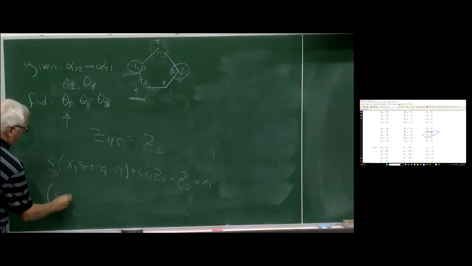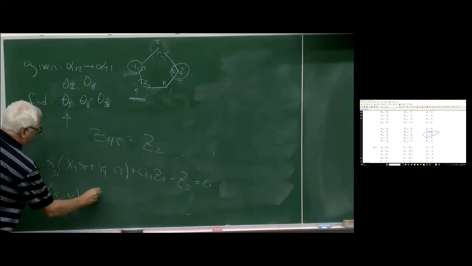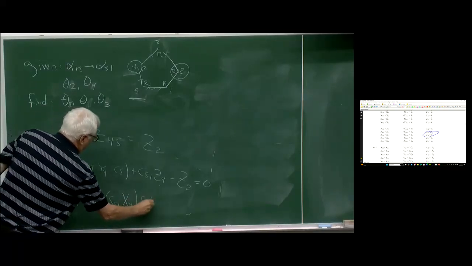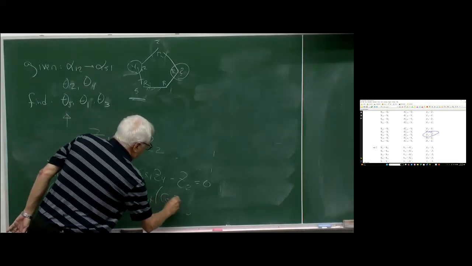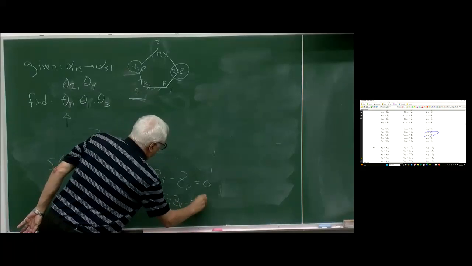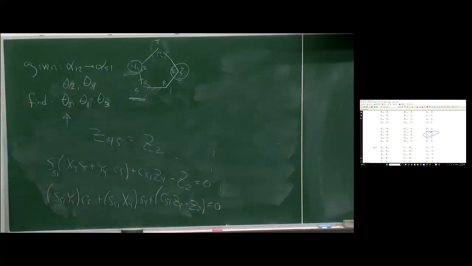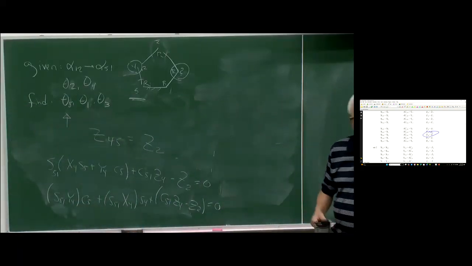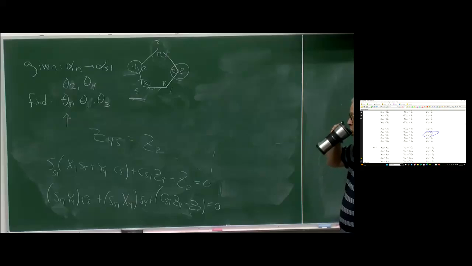We have S5, 1, Y4 plus S5, 1, X4 plus C5, 1, Z4. I don't know why I'm trying to write so fast, because I know where I want to stop today, so we've got plenty of time. That was the most critical thing, though, looking at that picture. If I want to go for theta 5 first, yep, or you just go through the toolbox and find where theta 5 is the only unknown.